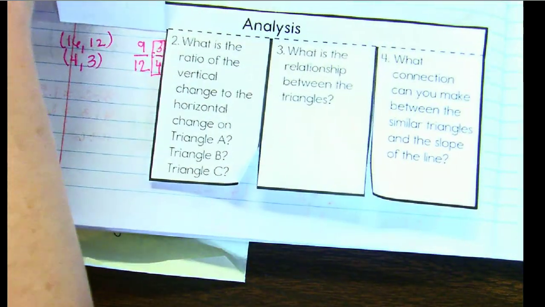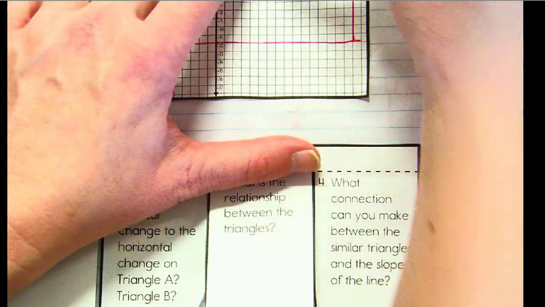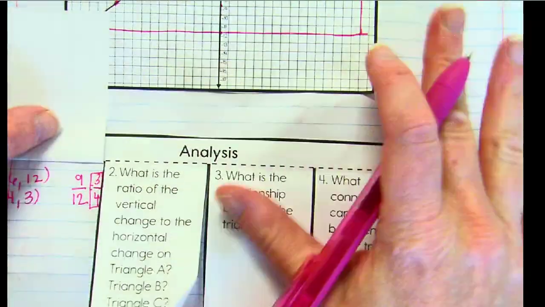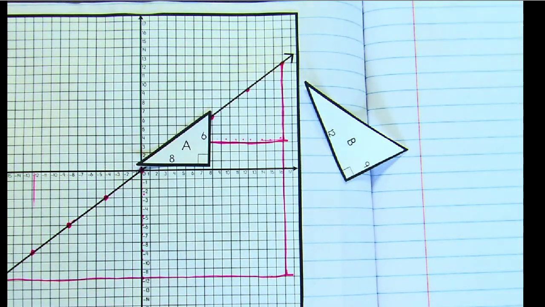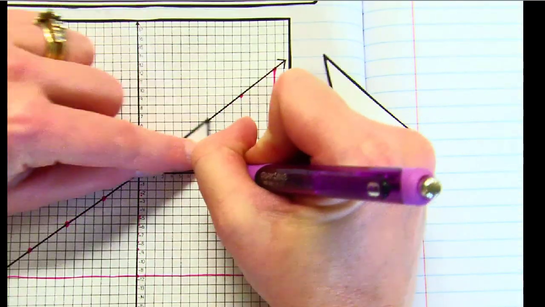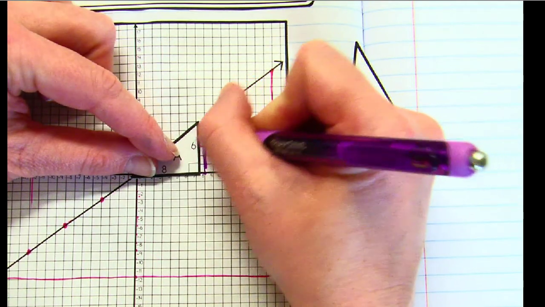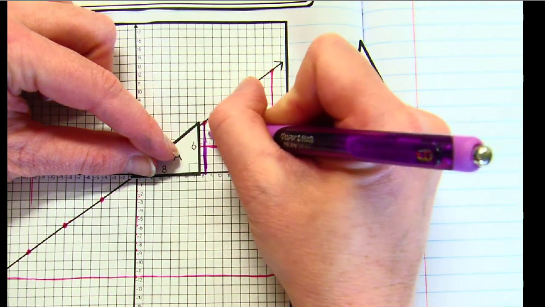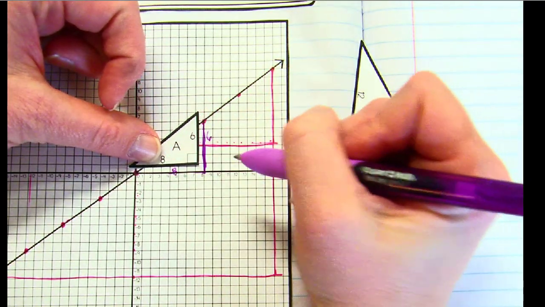Now what if I used a different triangle? Okay, let's say I went from 0, 0 to 8, 6. I'm looking at using triangle A this time, and I'm going to change colors so you can see where I'm talking about. So I'm starting at 0, 0. I'm using this triangle to 8, 6, and it'll tell us right here the height of this, the vertical side is 6, the horizontal side is 8, from there to there.